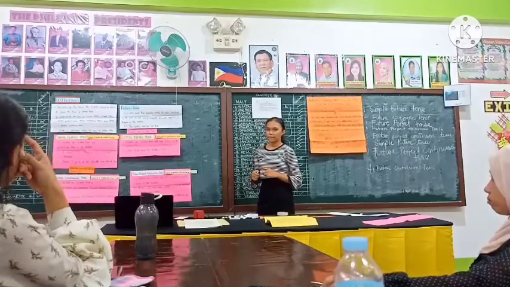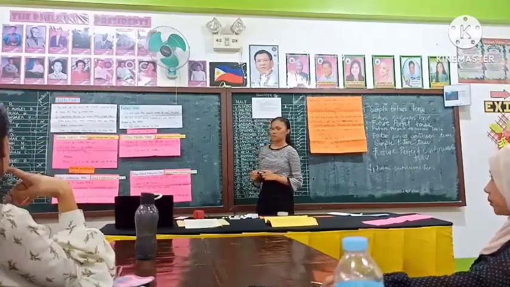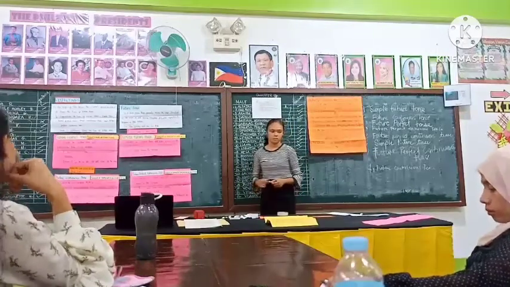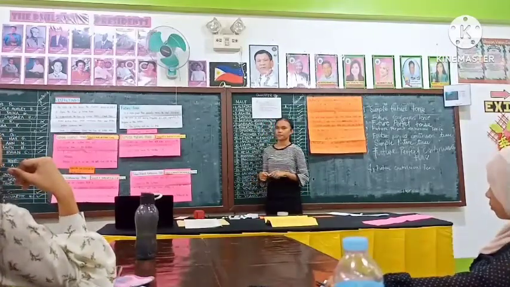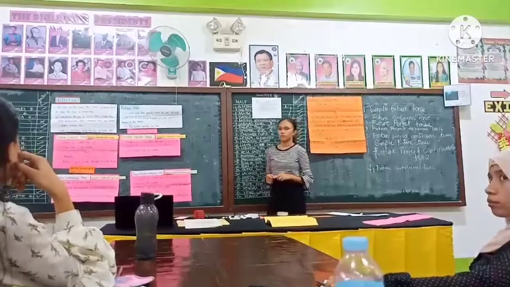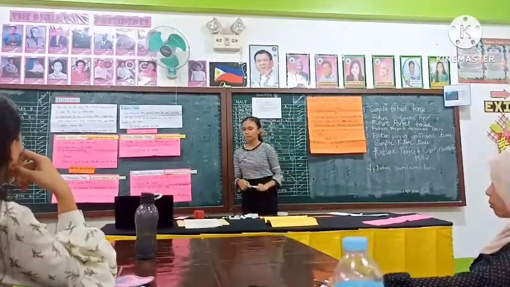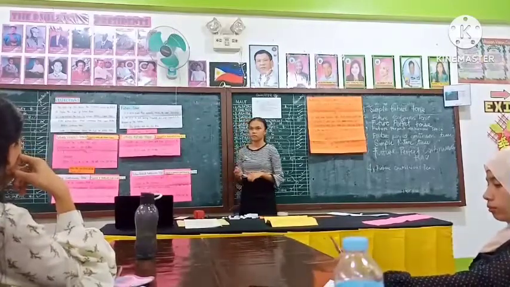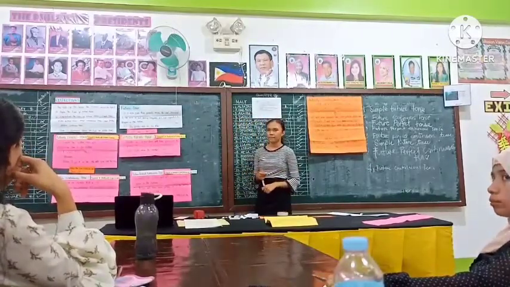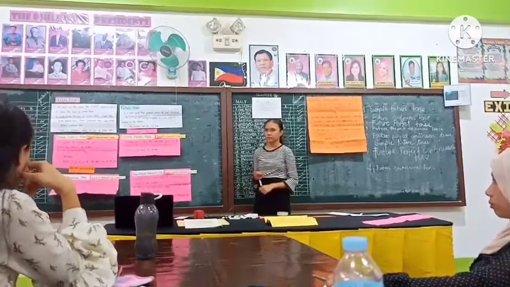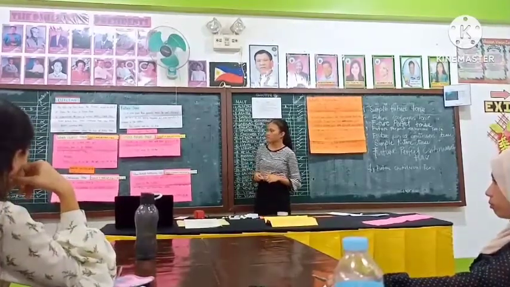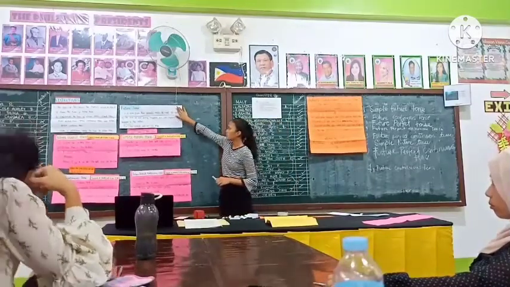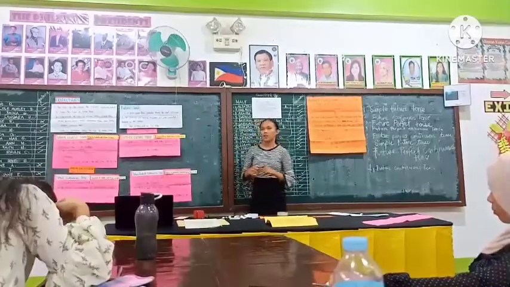While the future perfect continuous tense depicts an action that will continue up until a point in the future. Future continuous tense is the subject plus shall or will plus be plus verb plus ing, or gerund. The future perfect continuous tense is the subject plus shall, will plus have been plus ing form of verb. Okay, very good.